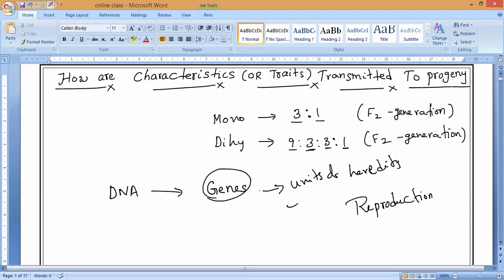So these genes are responsible for transmitting any character from parents to the offsprings during reproduction. These genes are responsible for the characteristic features of any organism, including plants as well as animals. Everything, these genes are responsible.